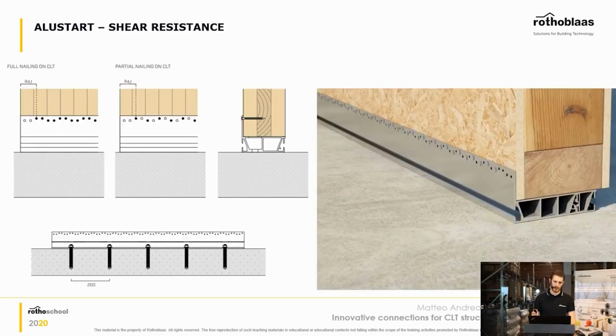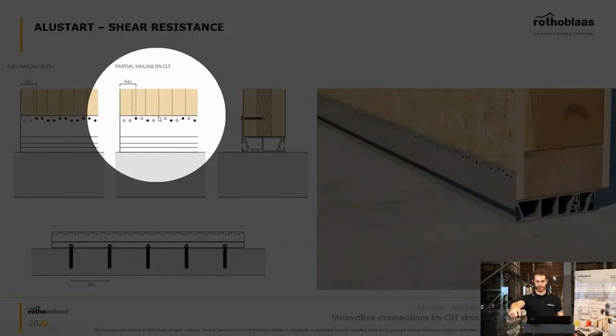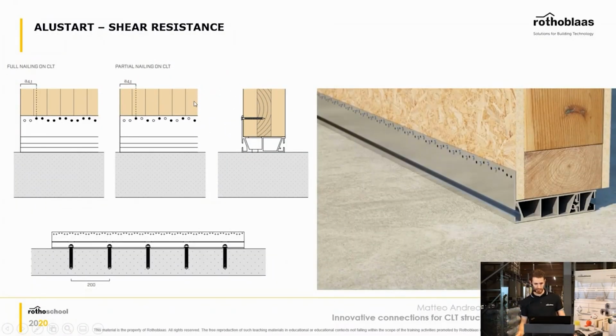You can see a better image of the product right here, and as you can see, you can use full nailing or partial nailing depending on how big your shear force is.